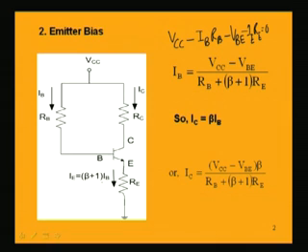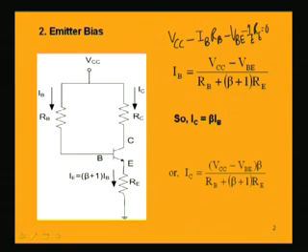Now, if we express the emitter current IE equal to beta plus 1 times IB, then we get the expression for the base current equal to VCC minus VBE divided by RB plus beta plus 1 into RE. The collector current IC can be found by multiplying IB by beta.